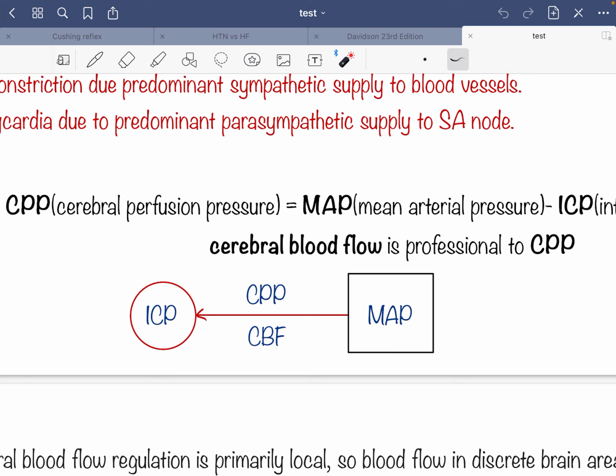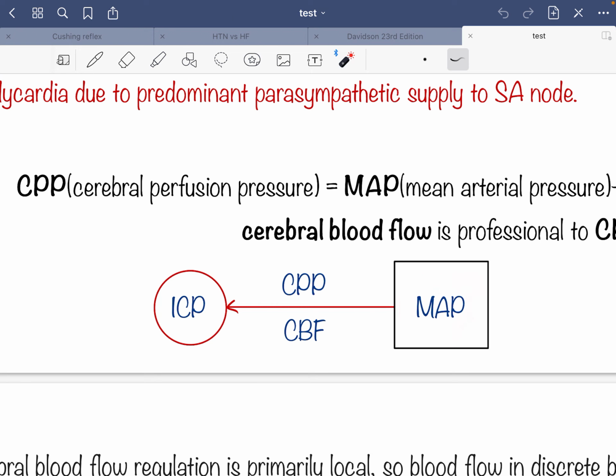The mean arterial pressure is more than the intracranial pressure. Blood flows by its nature from high pressure to low pressure. So Almighty has created this in such a manner that the mean arterial pressure is more and the intracranial pressure is less, so blood flows from the body, that means from the heart, to the brain.